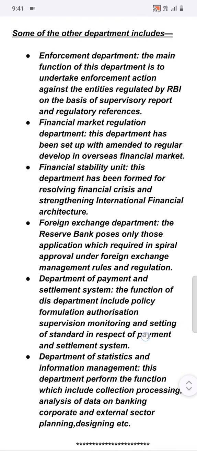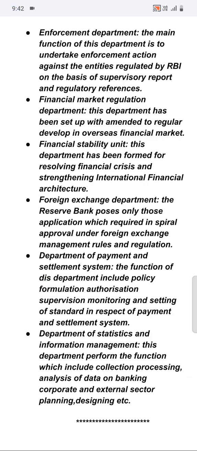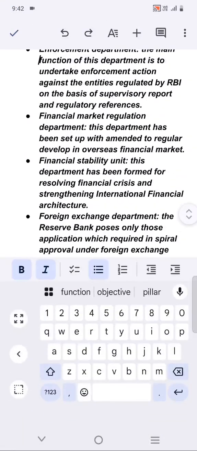4. Foreign Exchange Department. The main function of this department is that the Reserve Bank processes only those applications which require approval under foreign exchange management rules and regulations. Number 5. Department of Payment and Settlement Systems.